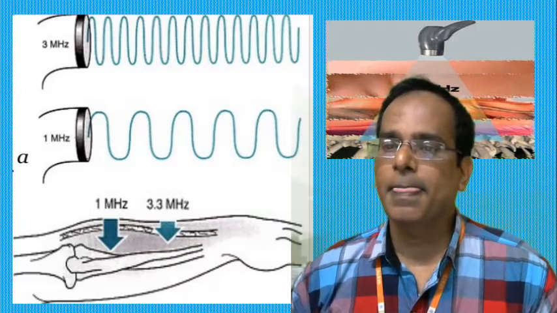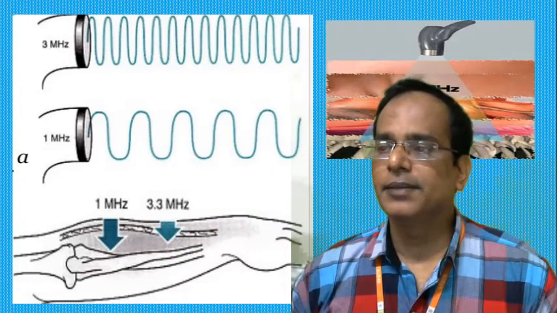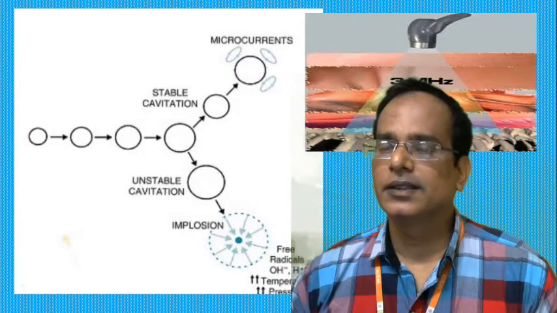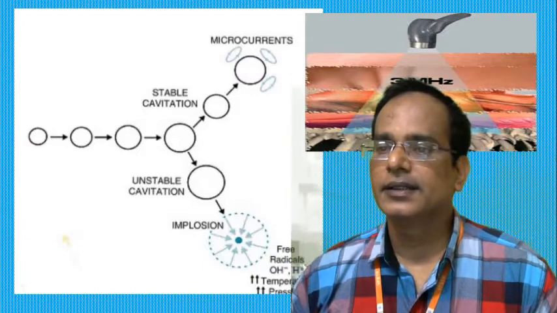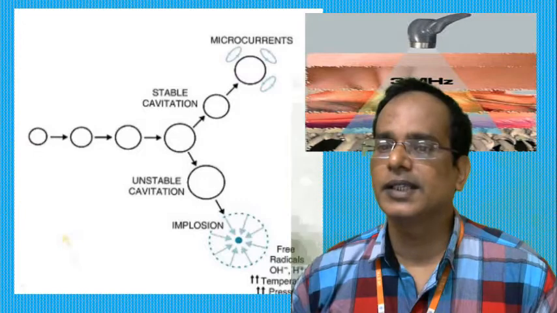The practical danger of tissue damage due to cavitation is minimized by the following measures. First one is using a space average intensity below 4 watts per square centimeter, using a pulsed source of ultrasound.